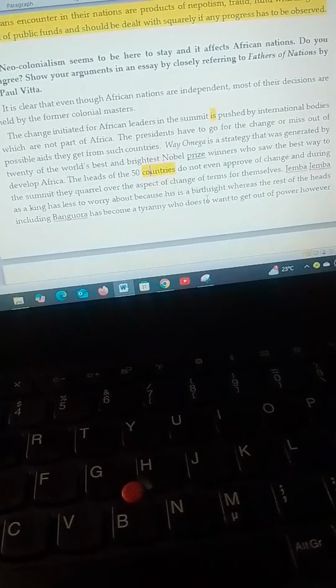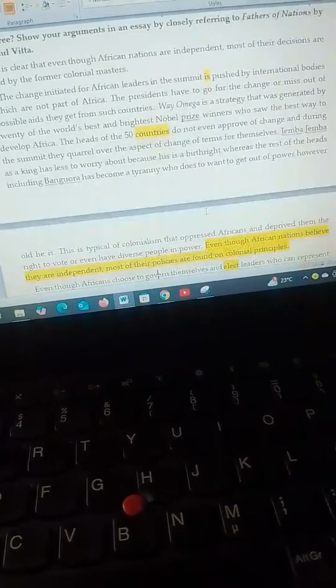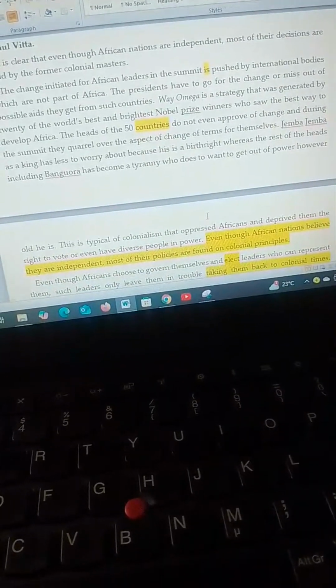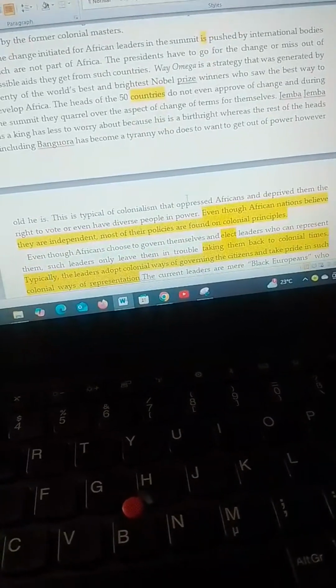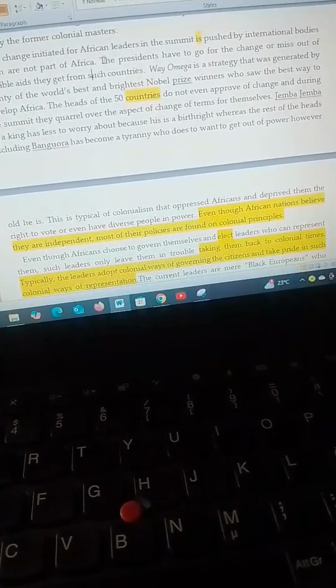Paragraph 1. The change initiated for African leaders in the summit is pushed by international bodies, which are not part of Africa. The presidents have to go for the change or miss out on possible aid they get from such countries.